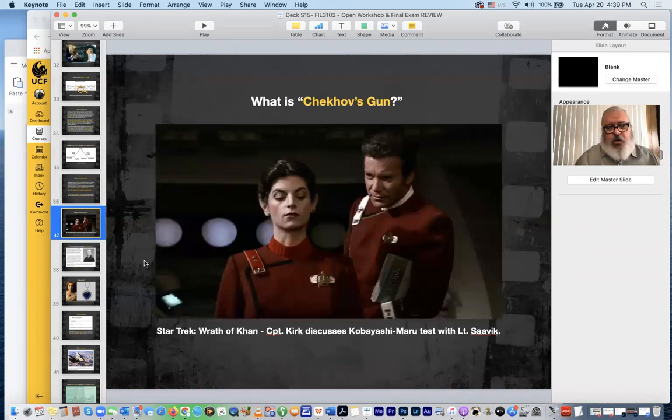A good example of, at least the understanding, if not application, of Chekhov's gun, I think, was in The Wrath of Khan, one of the Star Trek movies. And it was the Kobayashi Maru. It was the test that Starfleet gives to all of their officer candidates.